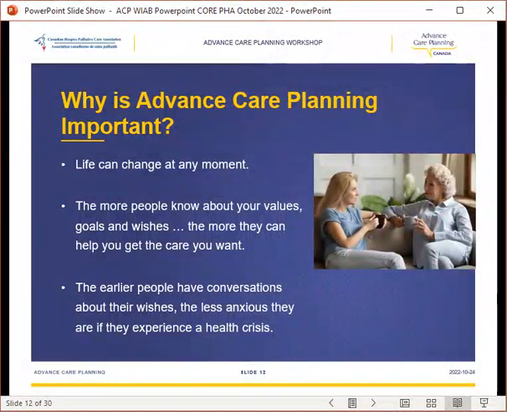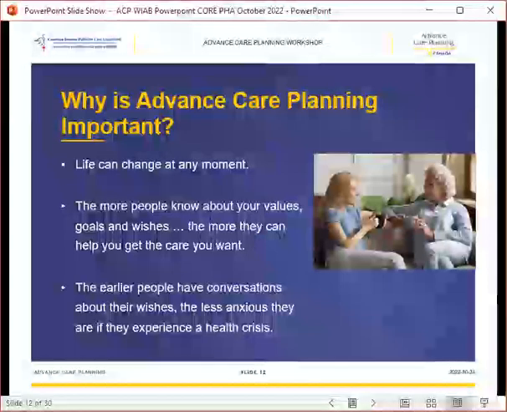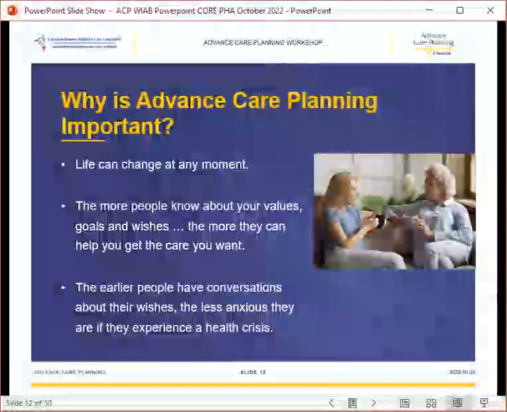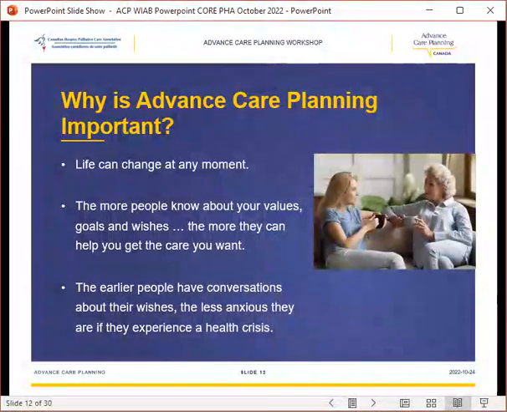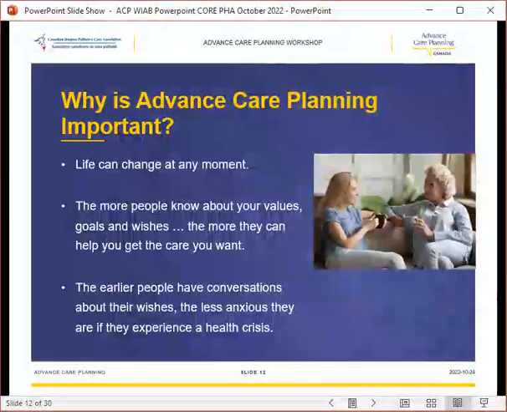More and more people need to know about our goals and wishes and values so that they understand how we would make decisions for ourselves. Because fundamentally, our substitute decision maker, our proxy or our representative has to make those decisions based on what we would want, based on the best interest for us. So it's not about what they would want for themselves, but what do they know about us?